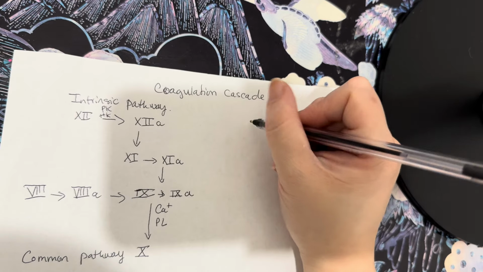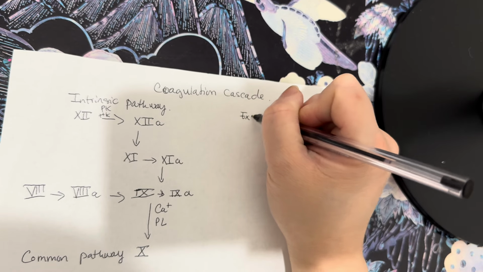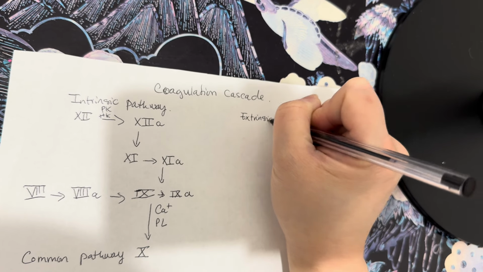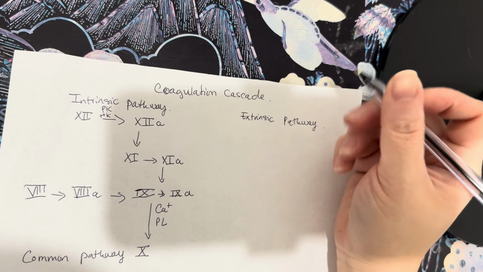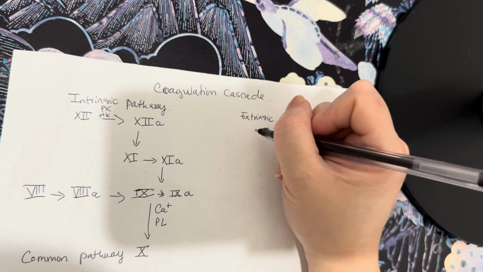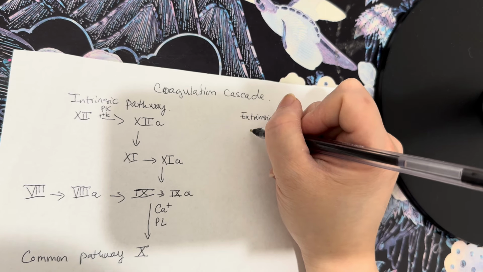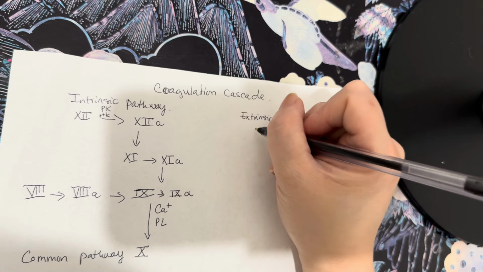And on the other side, we have the extrinsic pathway. This happens when there's damage in the tissue outside the blood vessel.